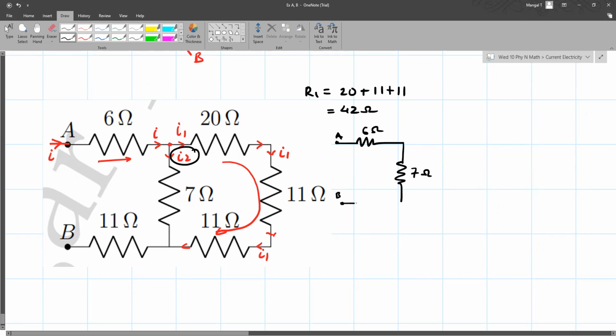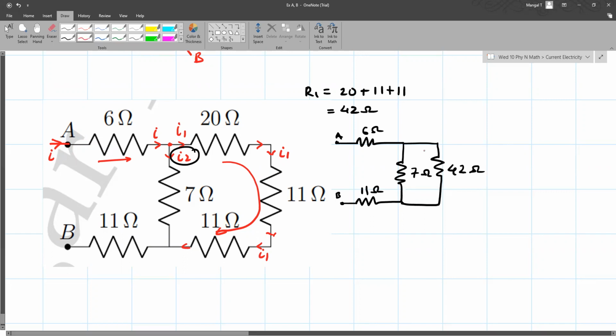This is point B, and there is 11 ohm resistor. Now what we have got is all these 3 resistors effectively work as 42 ohms.